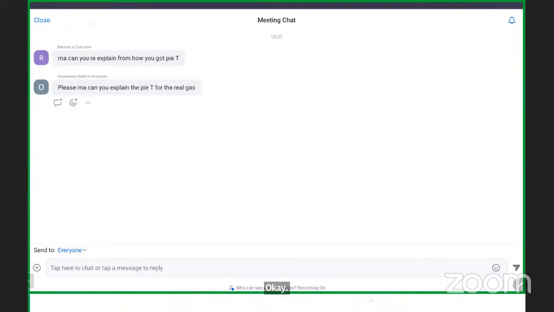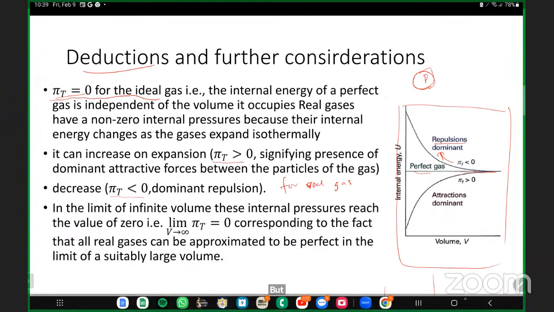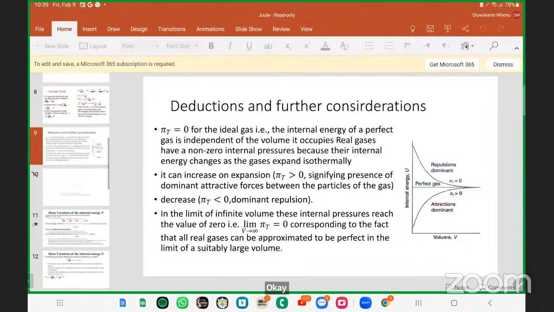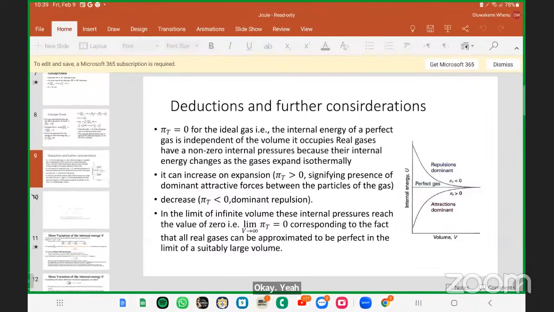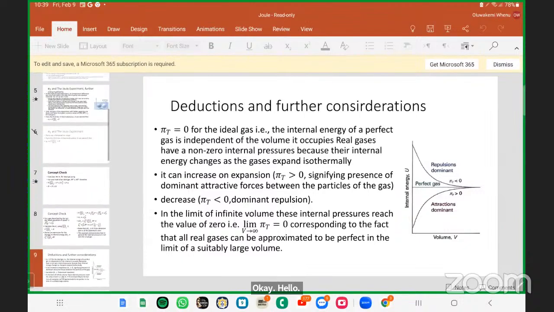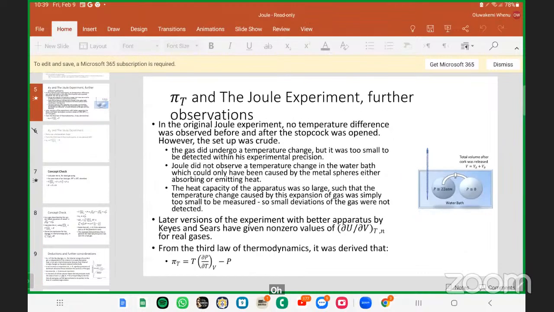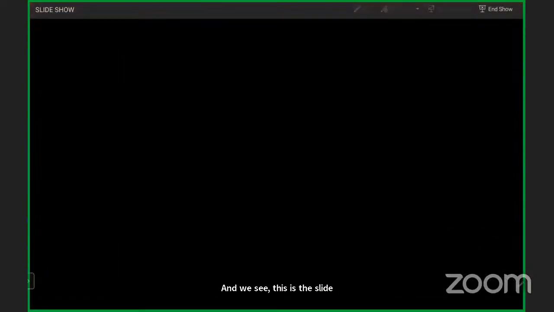If I understand your question, I will have to go to this slide. And we see, this is the slide; it said we did not derive it in this class.